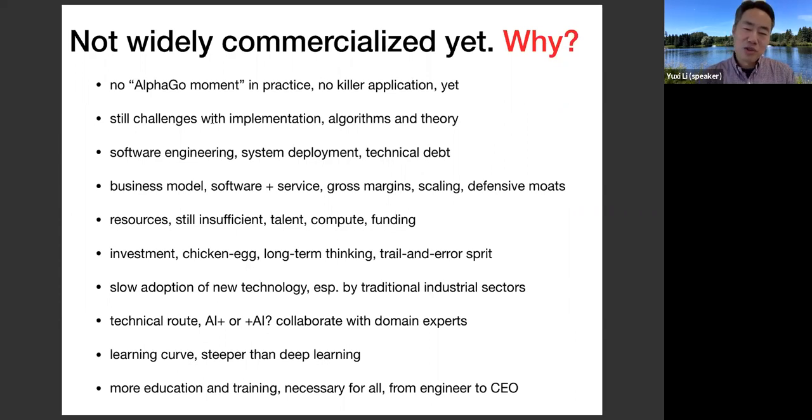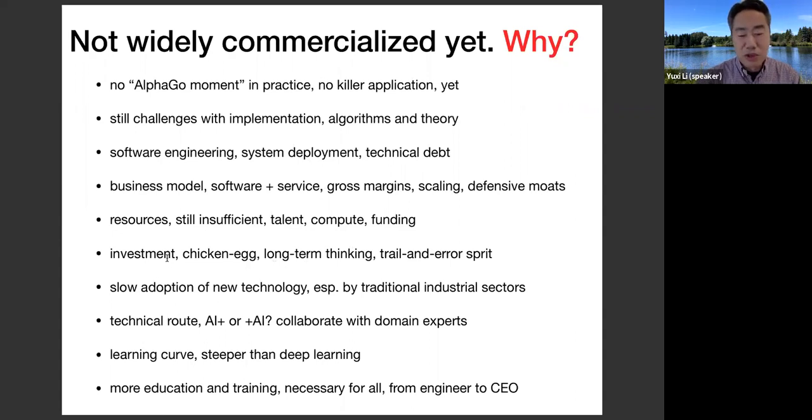And also there are still challenges with implementation, algorithm, and theory. This also applies to deep learning, but maybe reinforcement learning is a little bit more challenging. And also for software engineering, system deployment, technical debt. And for the business model, it's software plus service, with low gross margin, scaling issues, defensive moats. And we still lack resources, like talent, compute, and funding.